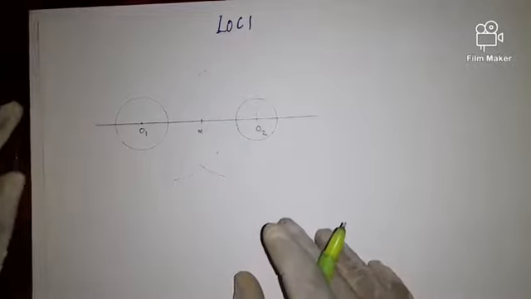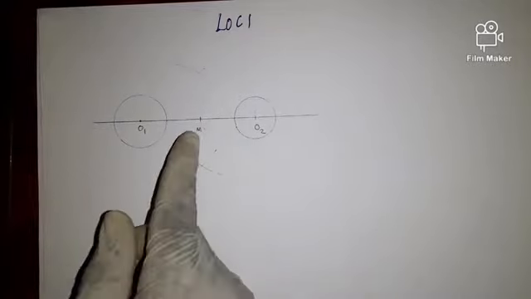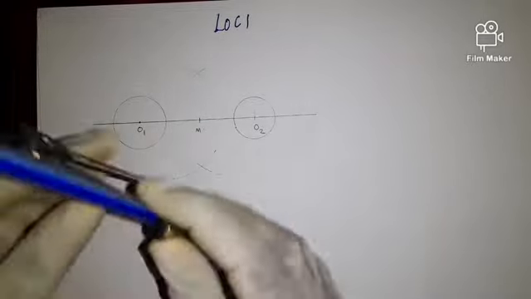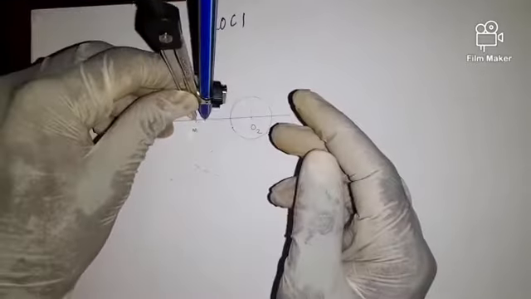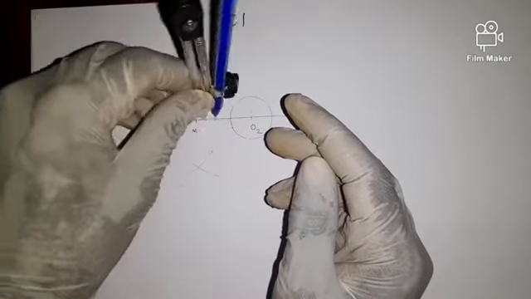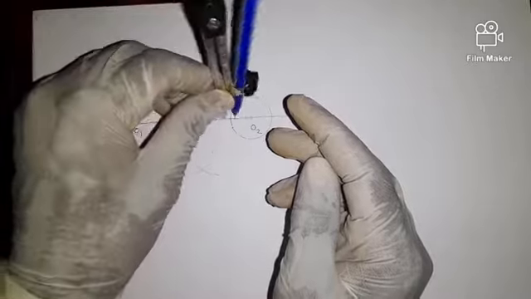Next we shall get divisions along MO1 and MO2, equal divisions, and we shall name them. We can have 1, 2, 3, it can still go to 4.